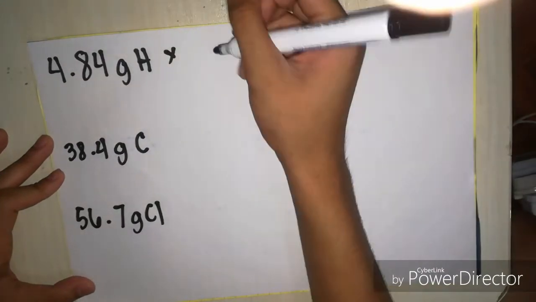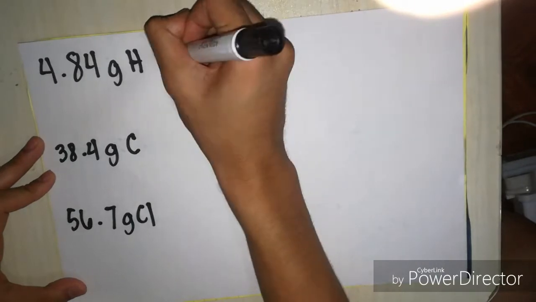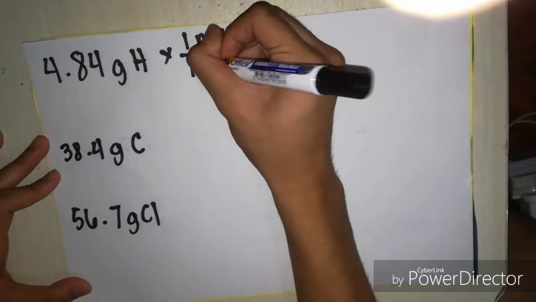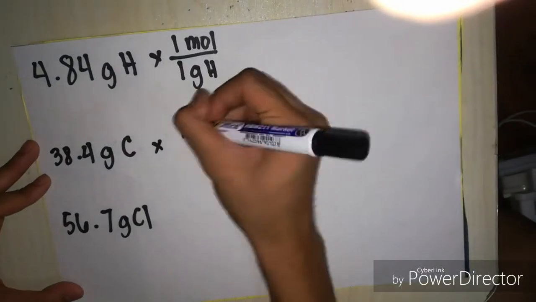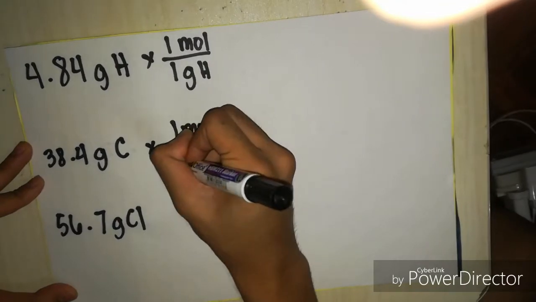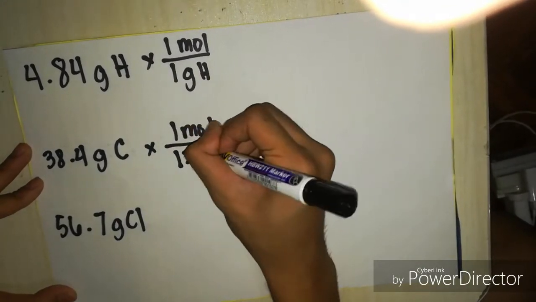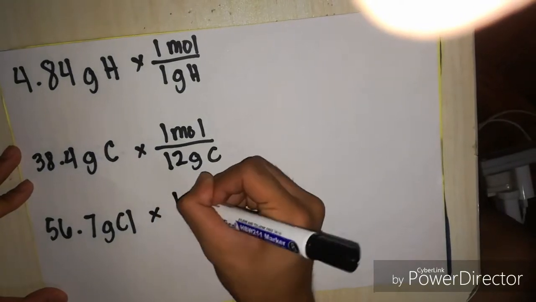Multiply it by 1 mole and divide it by its atomic mass. The atomic mass of hydrogen is 1. The atomic mass for carbon is 12. The atomic mass for chlorine is 35.5.